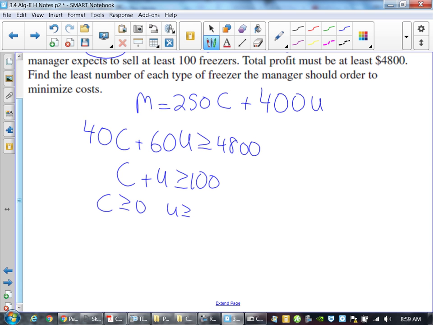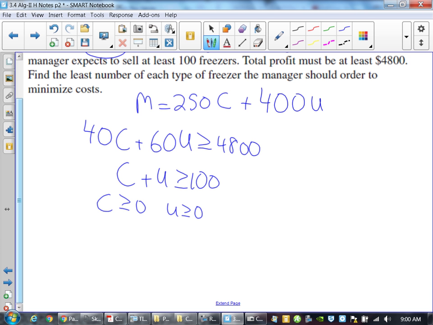And that's basically all you can get out of this. We all right with that? Yeah, I guess it's the same thing as we wrote before. Would we write P, making up the profit, is greater than or equal to 4,800? Yes, because you're not trying to maximize your profit.